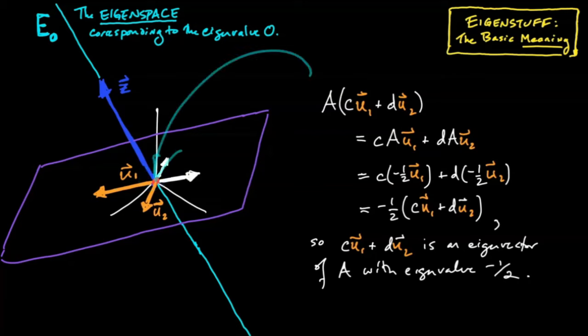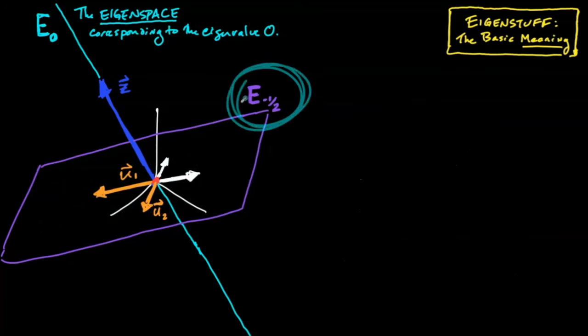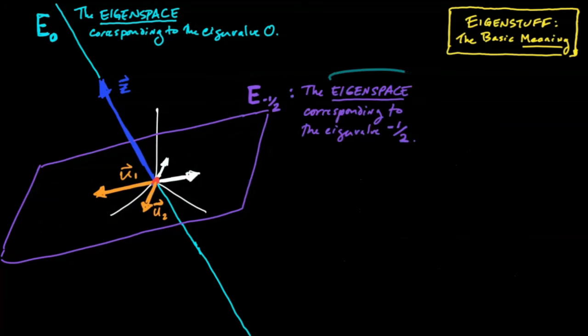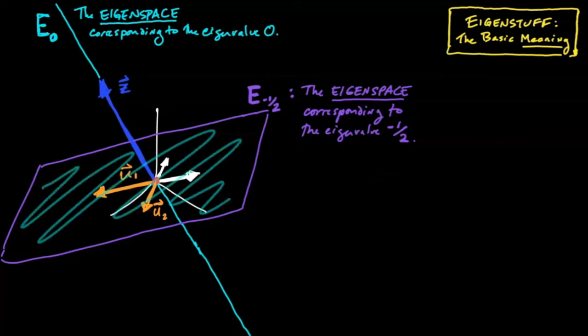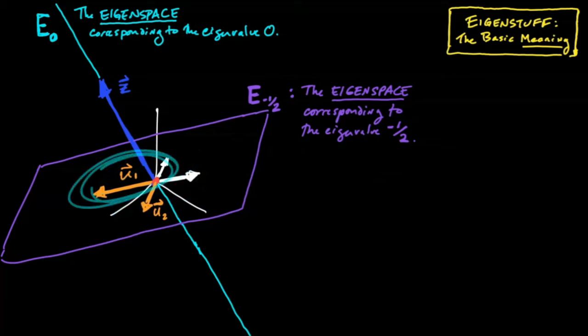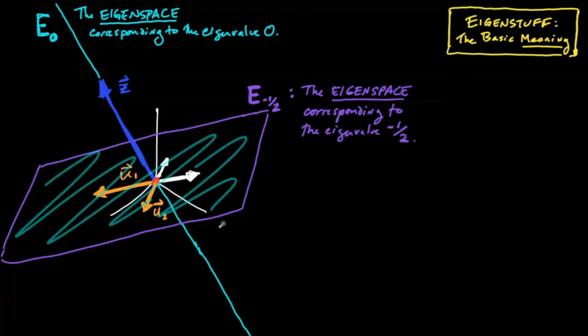But if we throw that zero vector back in the set, that plugs the hole, and we get a full subspace of R3, which of course we call capital E sub -1/2, the eigenspace corresponding to the eigenvalue -1/2. So in this case, we had a very rich vein of eigenvectors. That first one we found, U1, ended up being the harbinger of a whole plane's worth of eigenvectors.